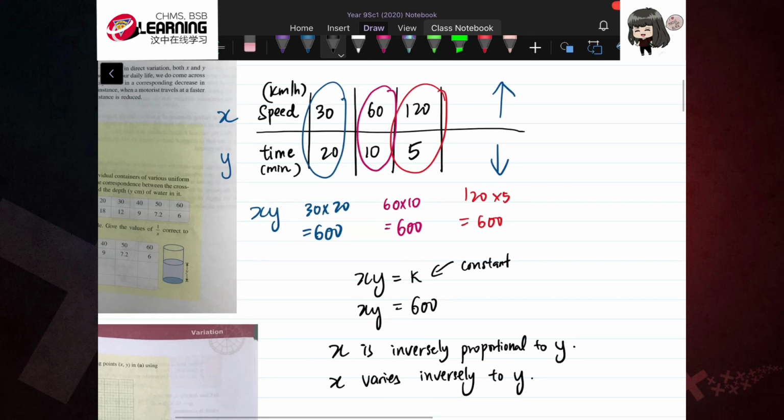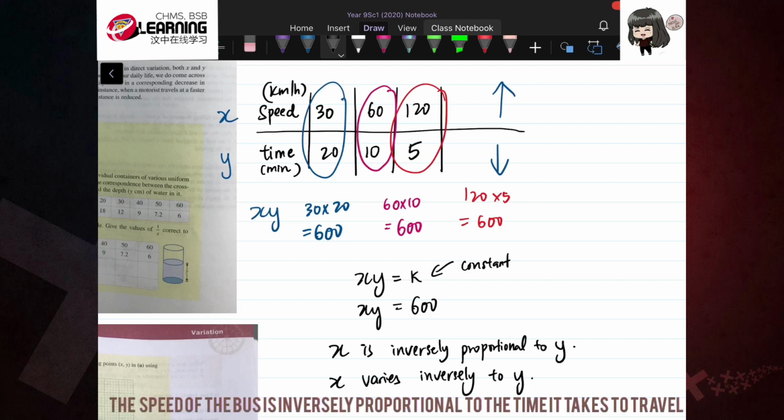Or we can say that the speed of the bus is inversely proportional to the time it takes to travel a fixed distance, of course. Fixed distance, as I mentioned just now, is from Chonghua to Gadong, not anywhere else. And the speed of a bus is inversely proportional to the time it takes. So this is one of the examples.